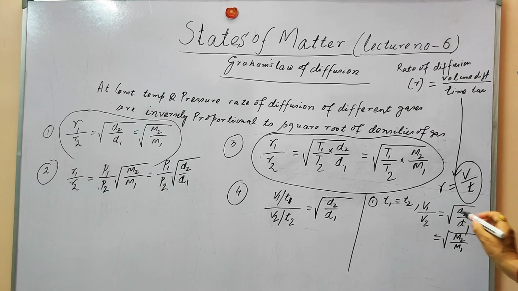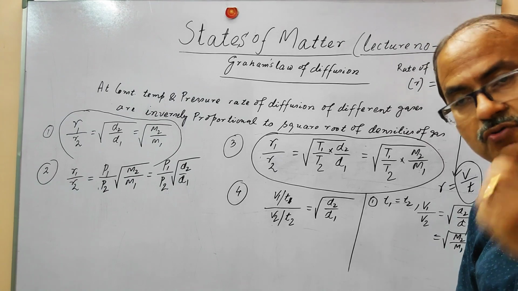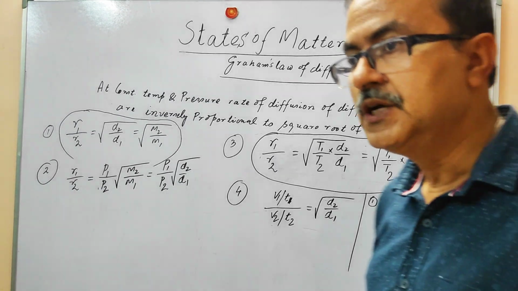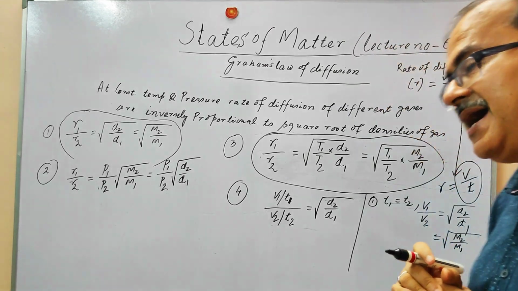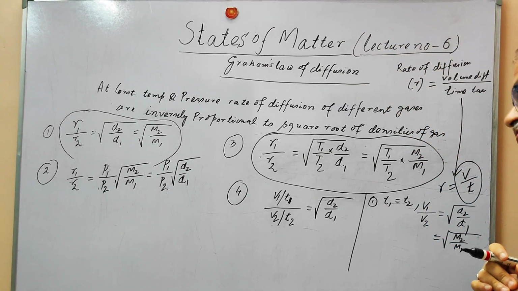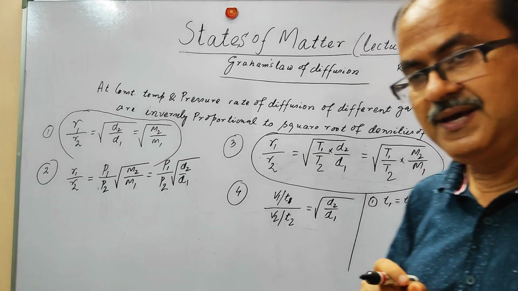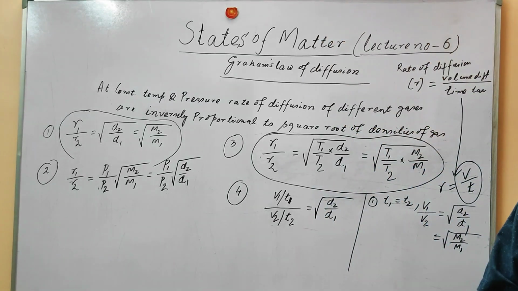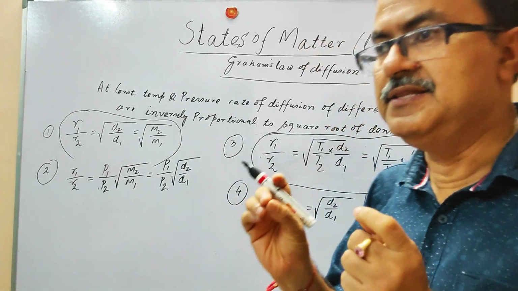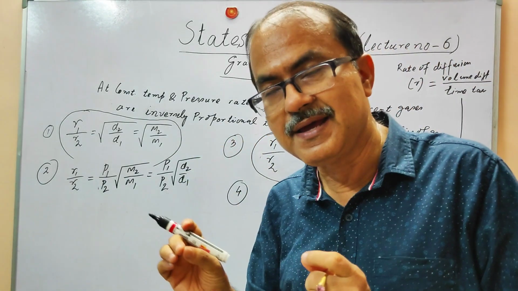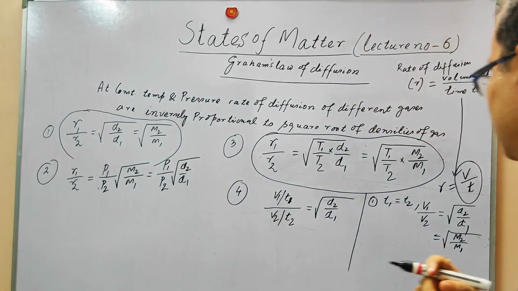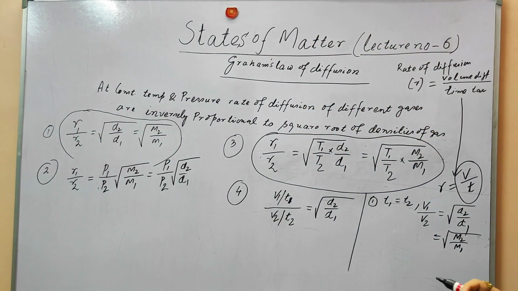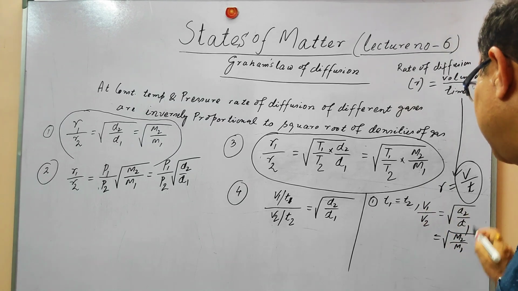So you can see it is inversely proportional: higher the density or molecular mass of the gas, lower will be the volume diffused. That is logical also, because if the density or molecular mass is higher, it will take more time to diffuse. This is one relation.